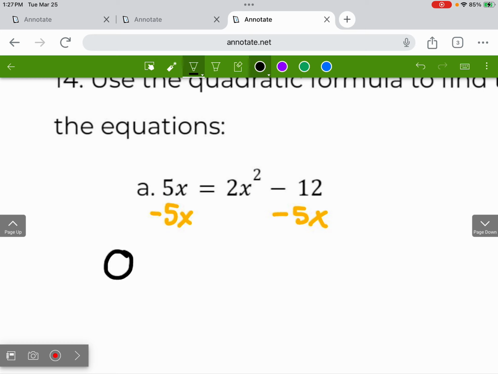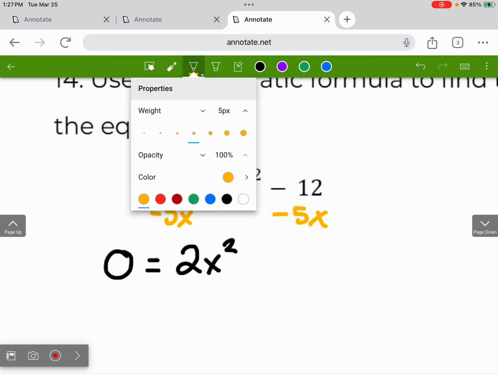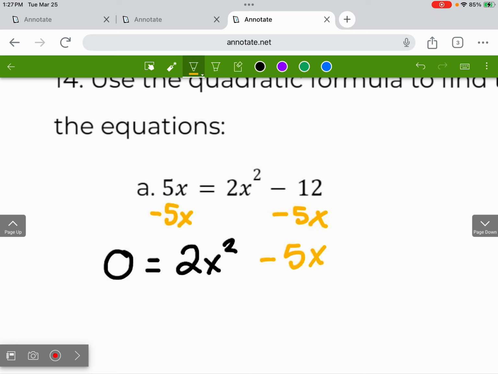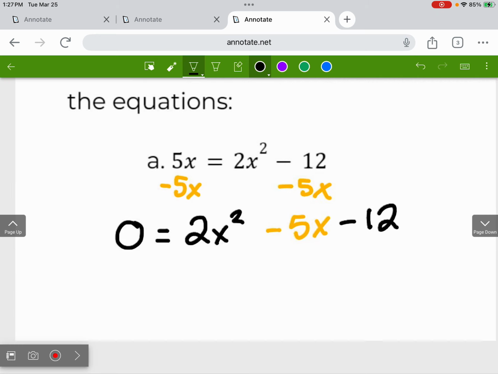That's going to give us our 0 equals 2x squared. If we think of it, you can go ahead and put our minus 5x in the middle just so that we have everything in the right order. But you can also tuck it on the end if we don't notice that.